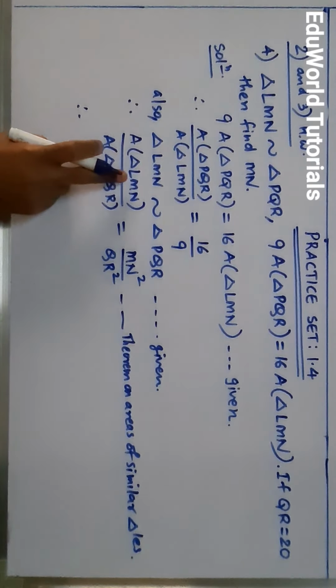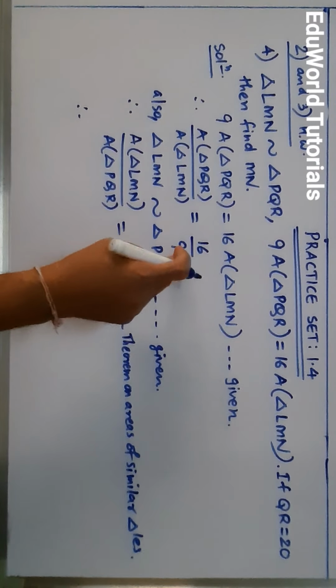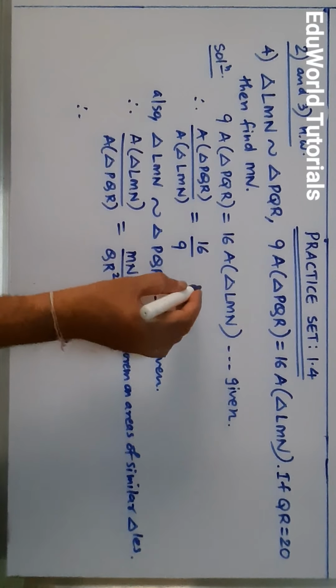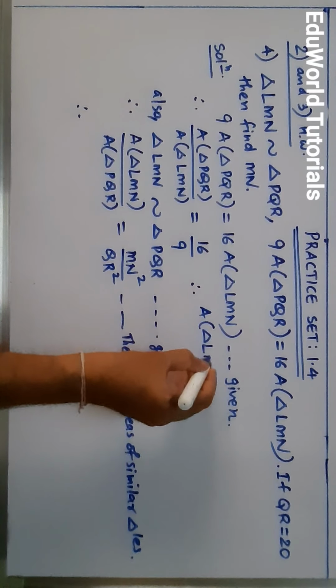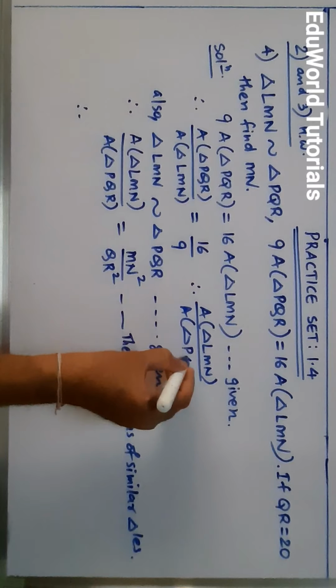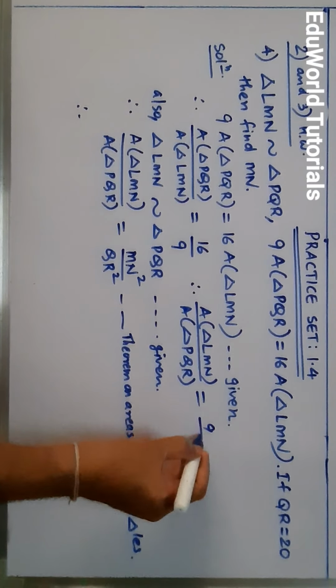The ratio of area of triangle LMN upon area of triangle PQR will be equal to 9 by 16, because it is area of triangle PQR upon area of triangle LMN. Therefore, area of triangle LMN upon area of triangle PQR is equal to 9 upon 16.